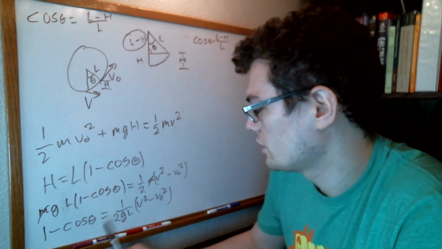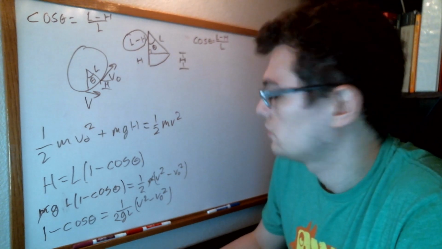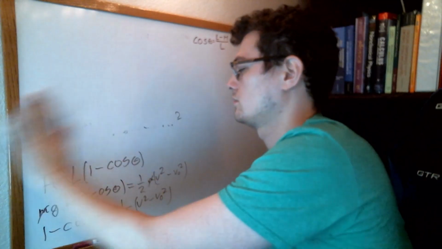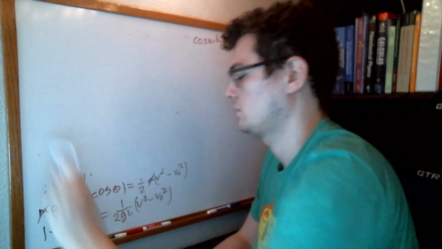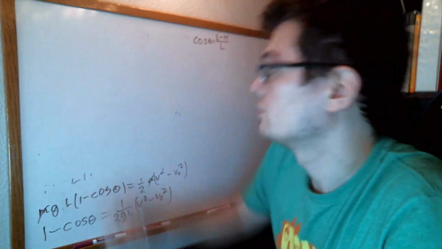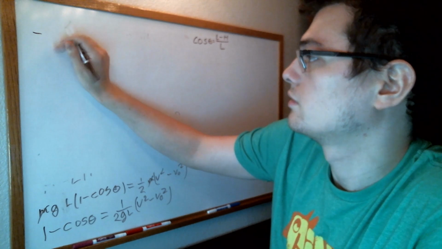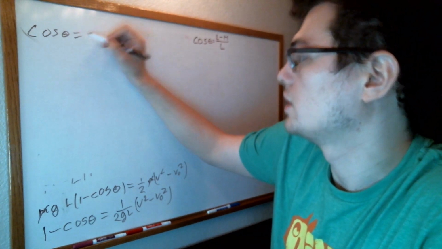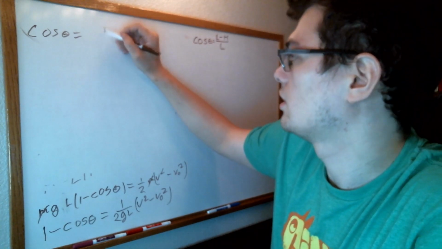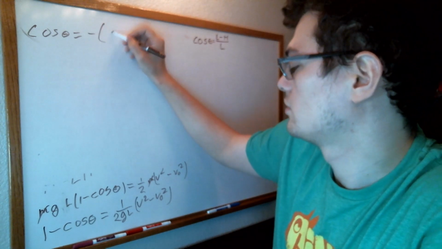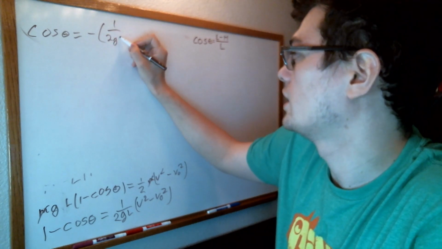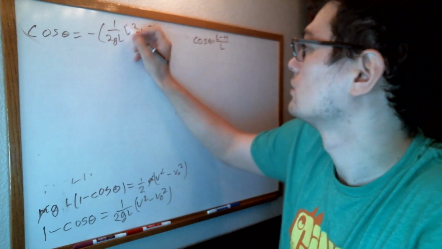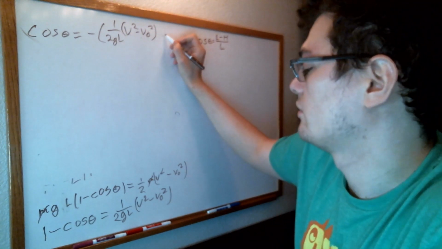And so then we can solve this for theta. To do that, we just have to do some algebra. And so now this is going to be negative. I'm going to put a negative on the other side. So we're going to have cosine theta is equal to negative 1 over 2gL times v squared minus v naught squared, and then we'll have minus 1.